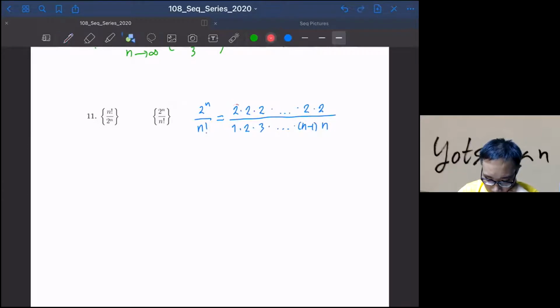So the first term is 2 over 1, and this one is 2 over 2. So 2 over 1 is equal to 2, and 2 over 2 is equal to 1.